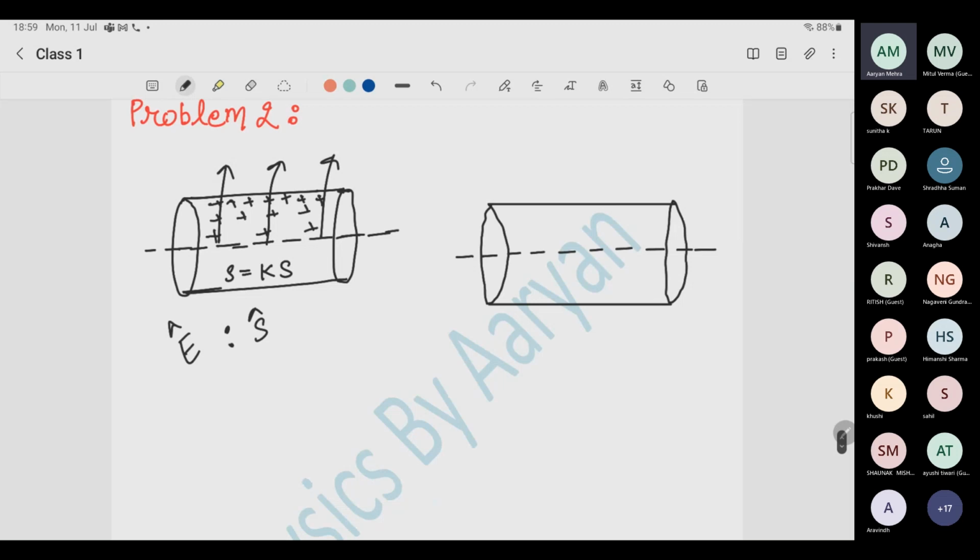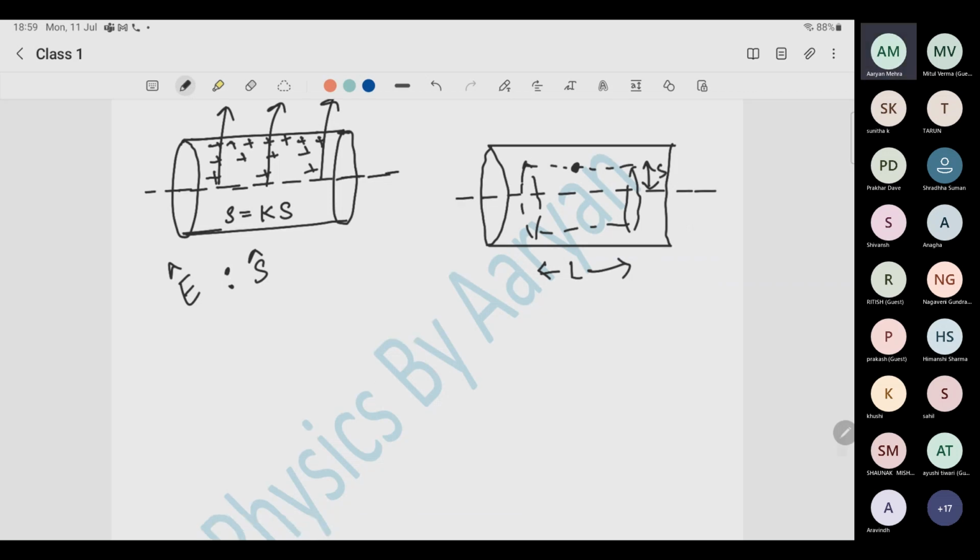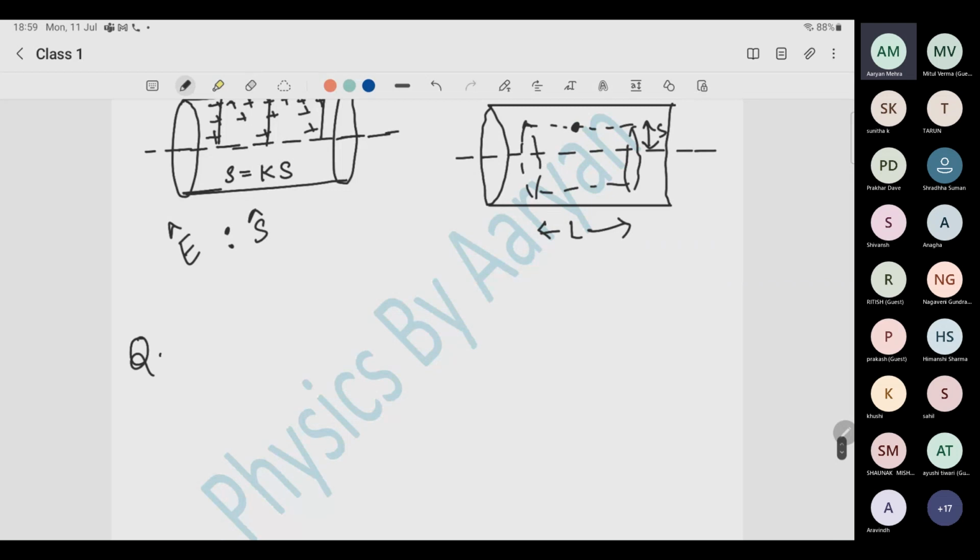So let's talk about region number 1. Let's draw an imaginary Gaussian cylinder of length L, and we want to know the electric field at this point, so the radius is S. So what will be the charge enclosed in this?